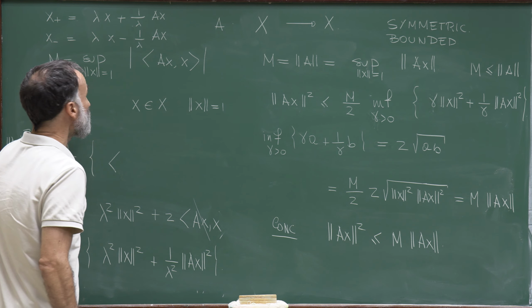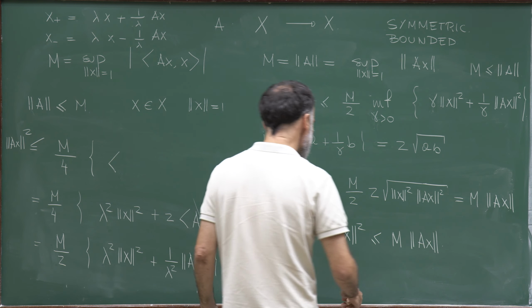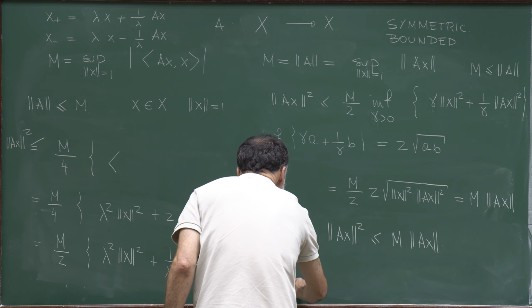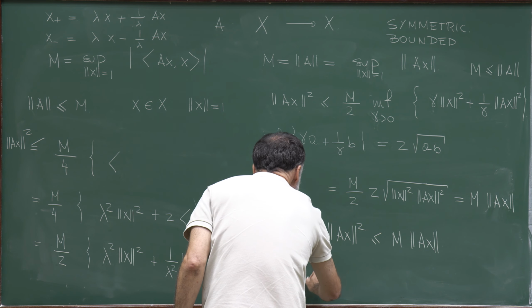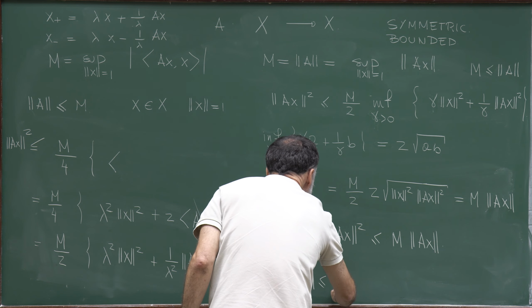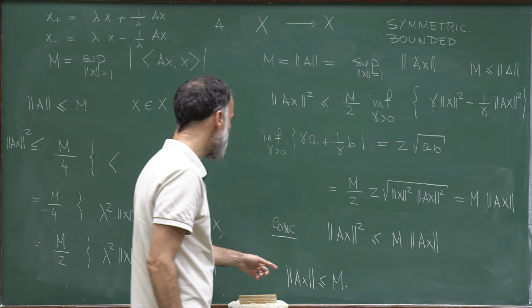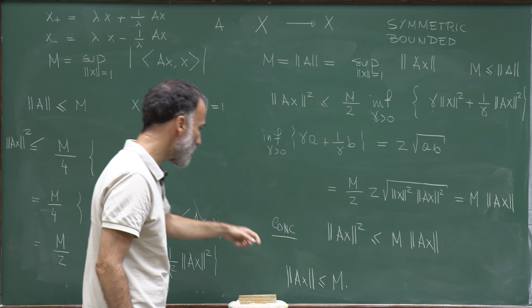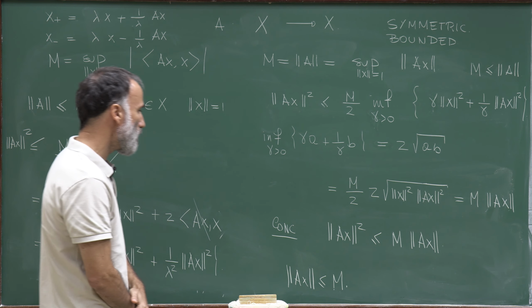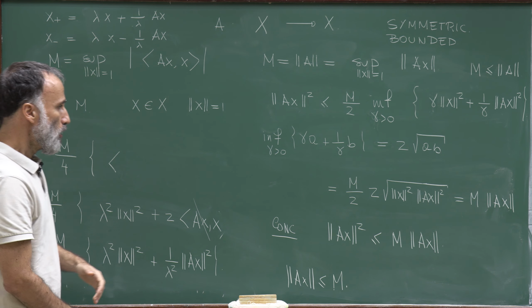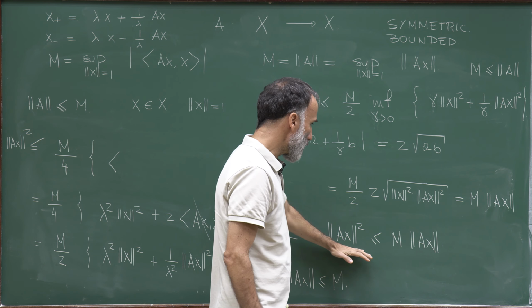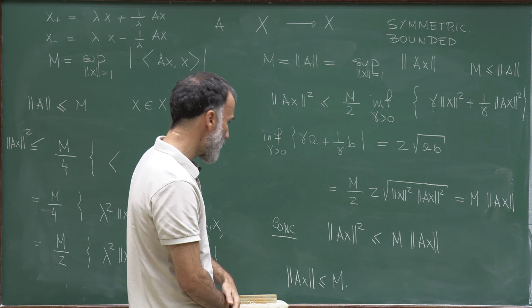And what I needed to show is that the norm of ax is bounded by m. I want to show that for all x whose norm is equal to 1, the norm of ax is bounded by m. We obtained that inequality. Well, there are two possible cases.